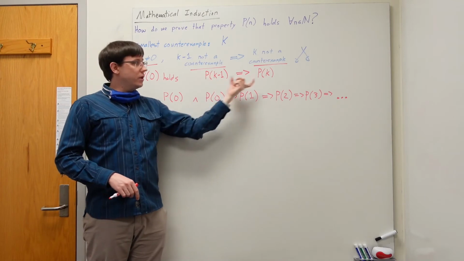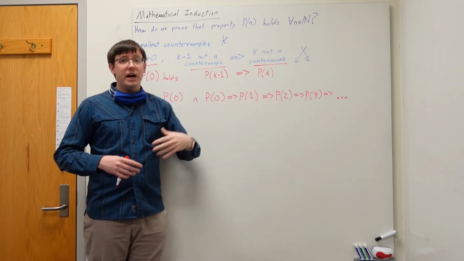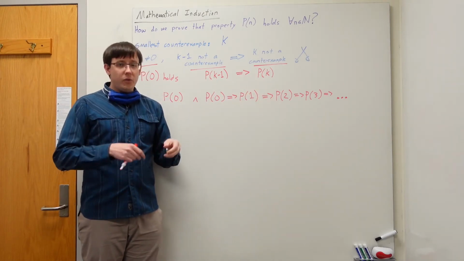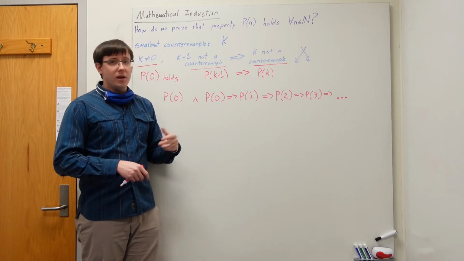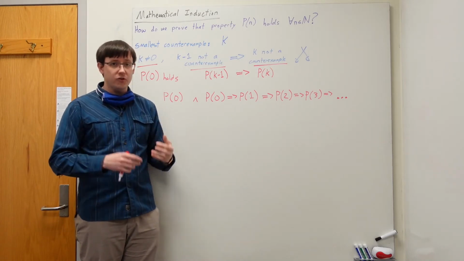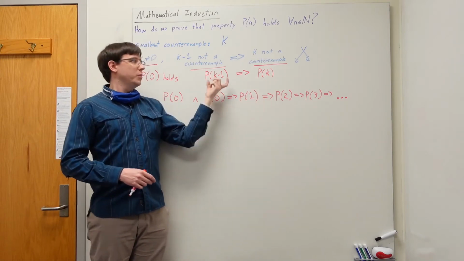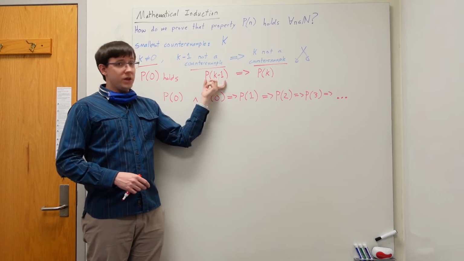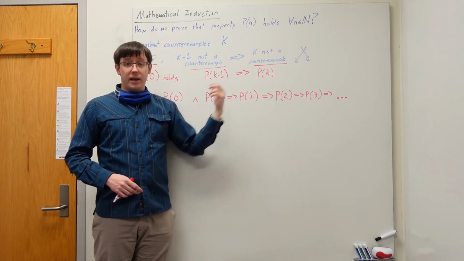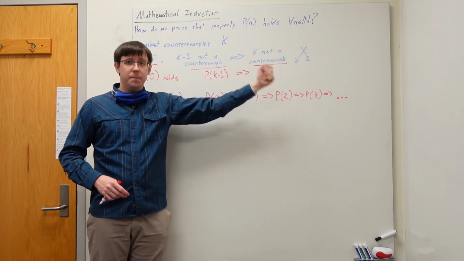If we have shown this implication for a generic k, then we have shown it for every pair of consecutive natural numbers. We've shown that p of 0 implies p of 1, p of 1 implies p of 2, p of 2 implies p of 3, and so on ad infinitum.